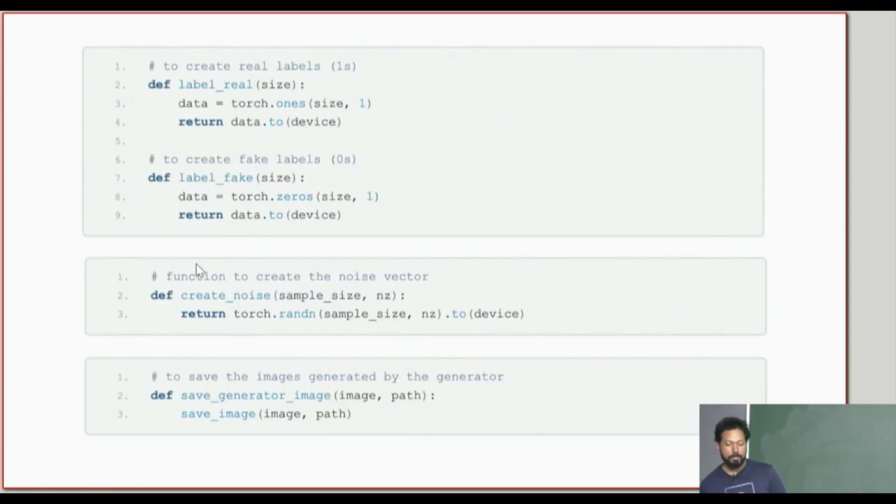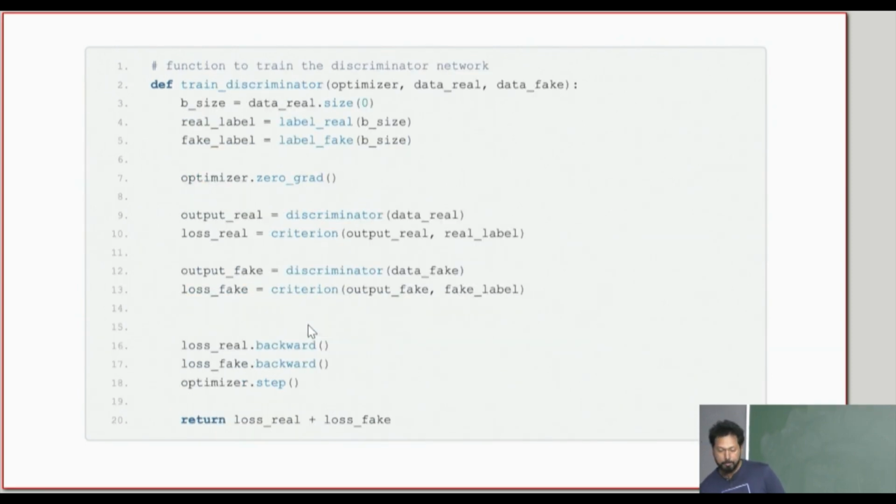Then we can create real labels, we can create fake labels, and then we create the method for creating noise vectors, which is like a standard normal, and then some utility to save the generated image.